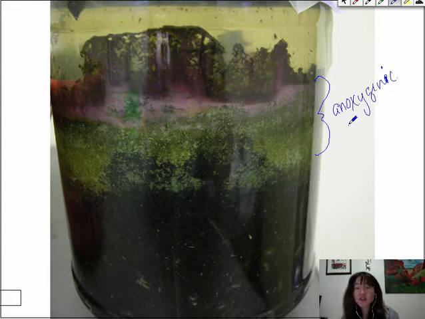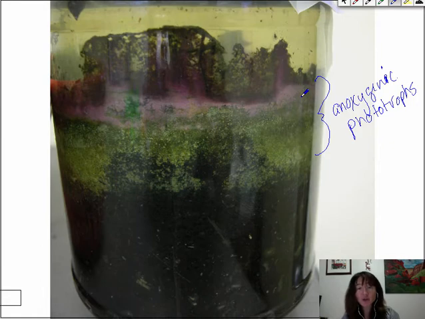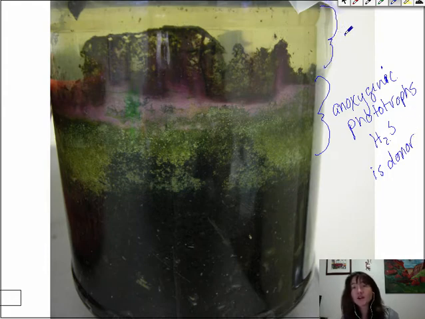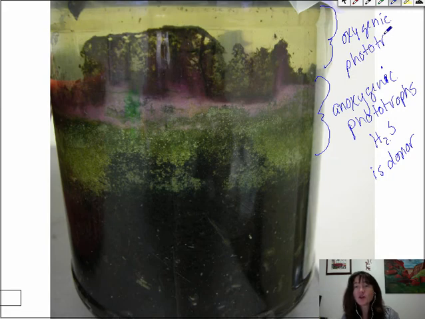So anoxygenic phototrophs, and in fact, specifically, these are green sulfur and purple sulfur bacteria, and they utilize hydrogen sulfide as an electron donor. So H2S is donor here. Whereas up above in the top area, we see a lot of oxygenic phototrophs. And these oxygenic phototrophs do use water as their source of electrons and therefore do generate oxygen.